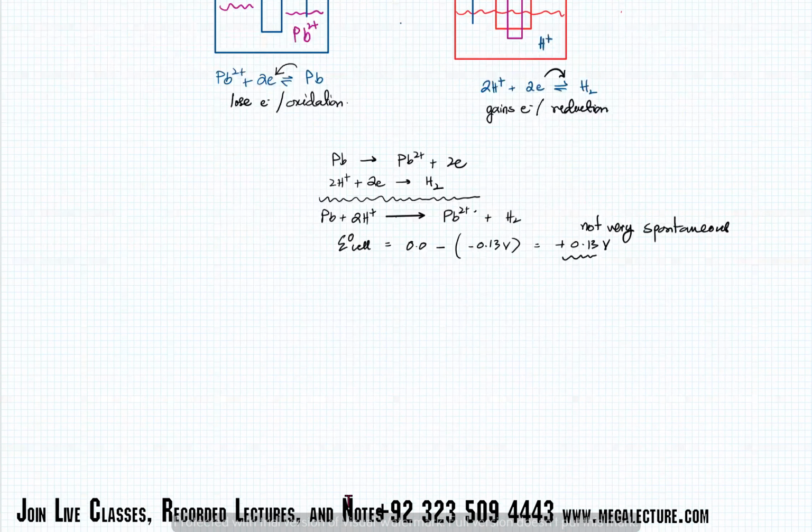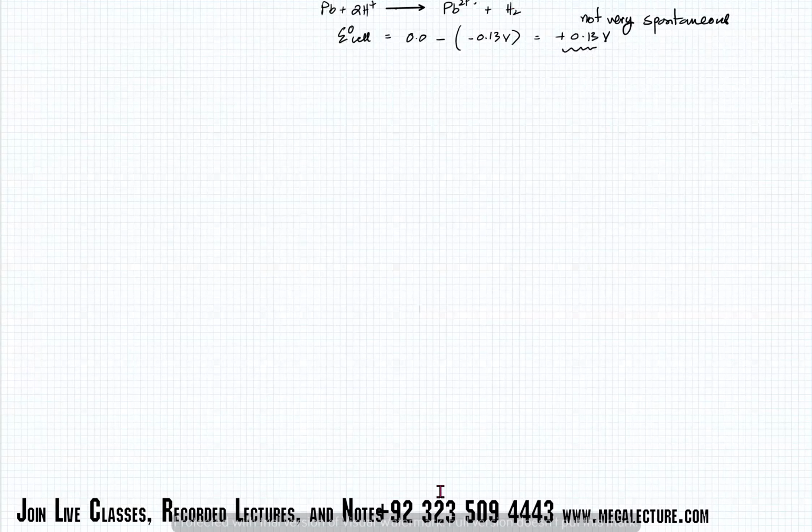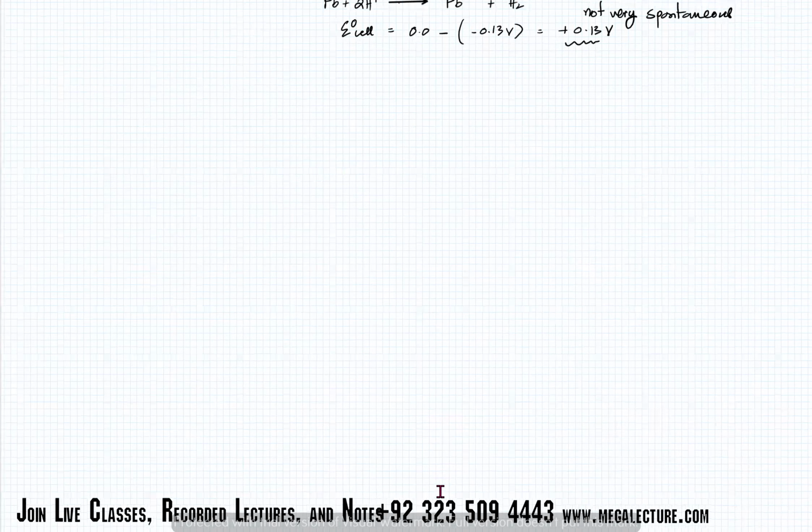So I'll just do some other examples. Let's say there's a very popular reaction, this one: an Fe3 plus, Fe2 plus electrode versus a KMnO4 electrode, so MnO4 -1 acidified in equilibrium with Mn2 plus.